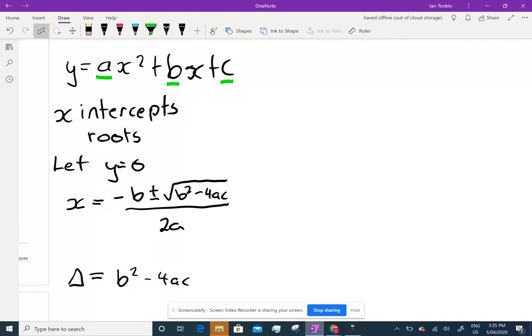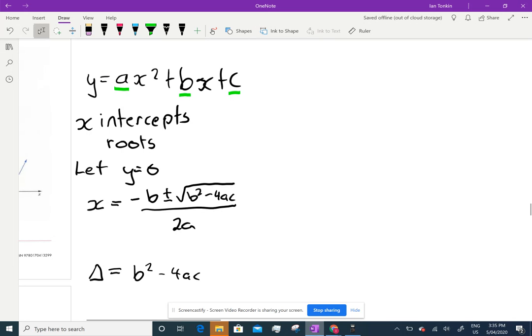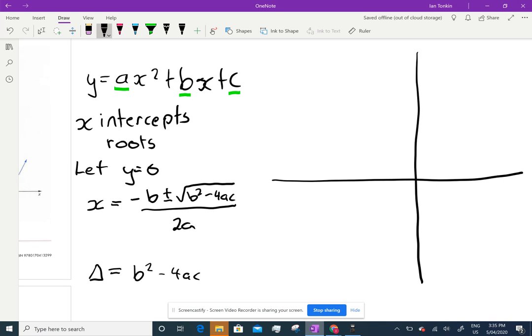And we have different terms for them. So let's examine them. I'm only going to examine them from the positive context, but you have to remember that this also could happen in the negative. So here's a parabola that has two real roots or solutions.